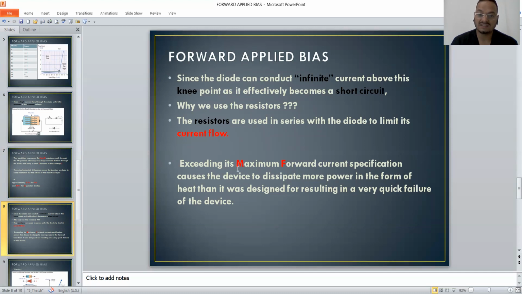Exceeding its maximum forward current specification causes the device to dissipate more power in the form of heat than it was designed for, resulting in very quick failure of the device.